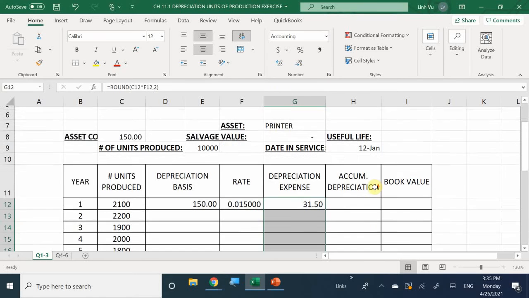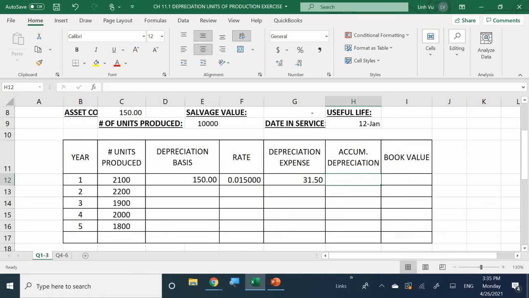So what's my accumulated depreciation for the first year then? Since we don't know the previous year, we would just use the current year. What's my accumulated depreciation for year one?